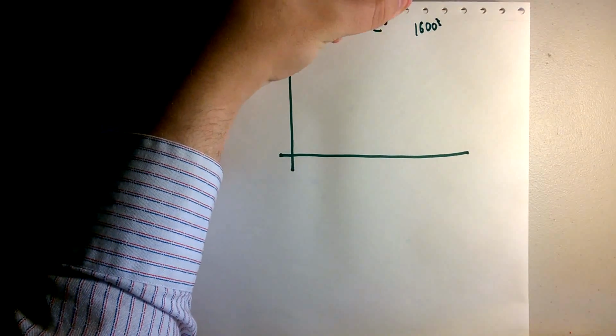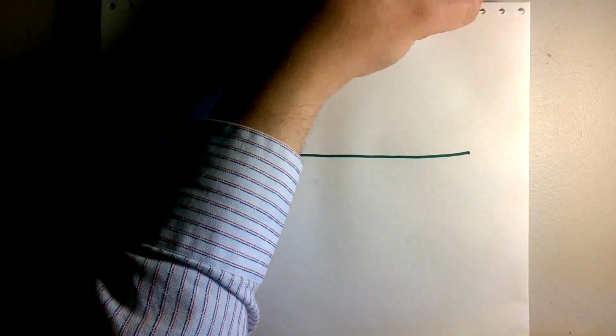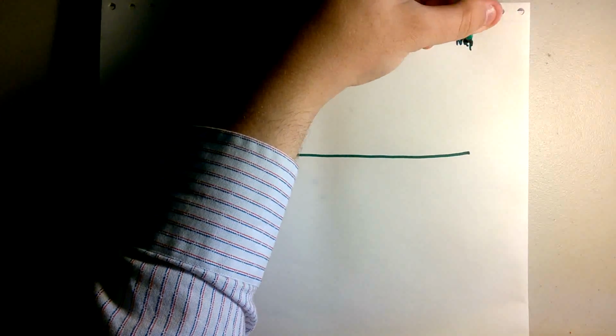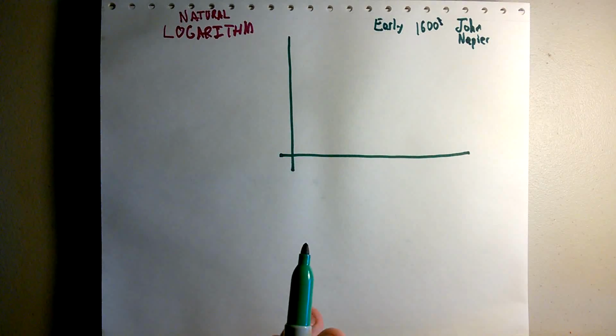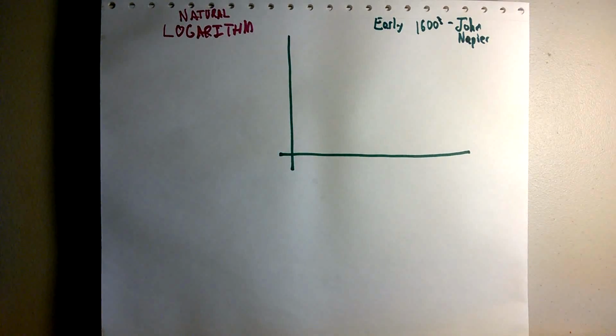This guy named John Napier. I'll write his name. John Napier. I think saying it that way makes it easier to spell than Napier, but whatever. So, John Napier basically wrote down what a logarithm is.